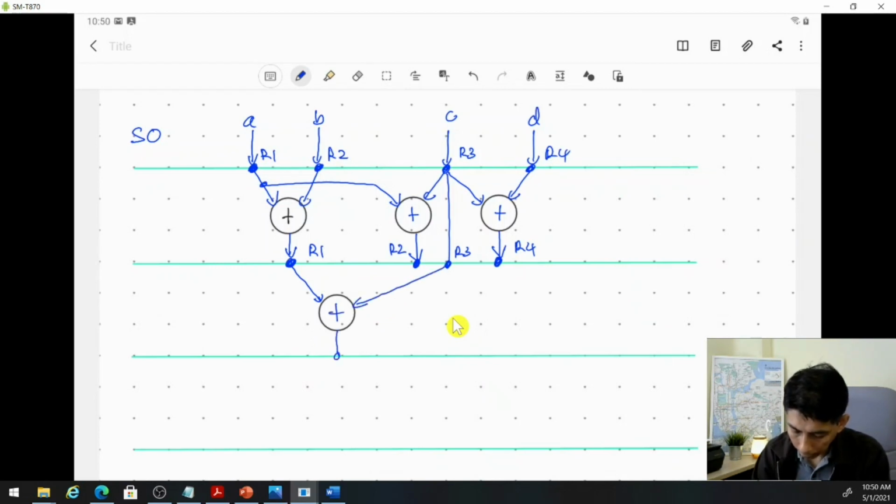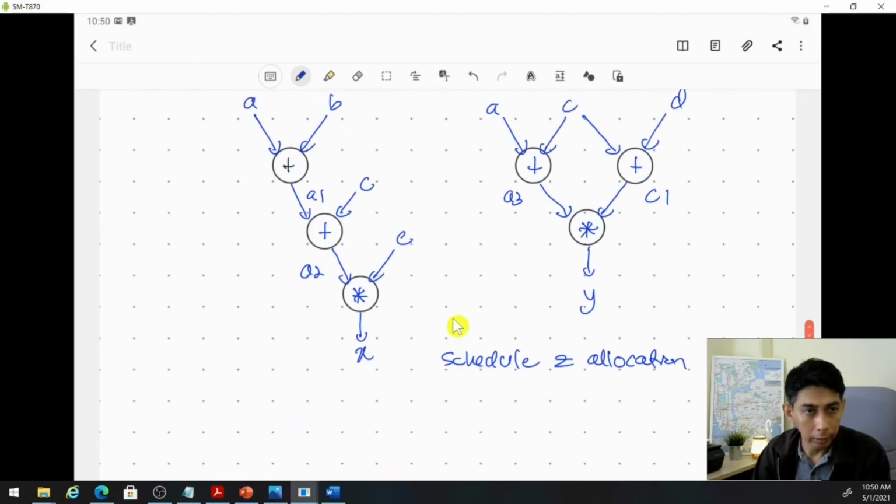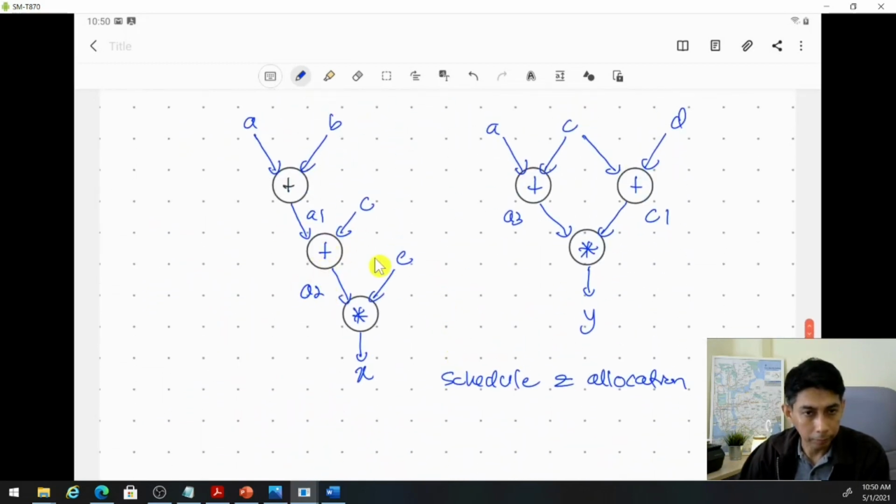And we can store in R1 and we get this one.